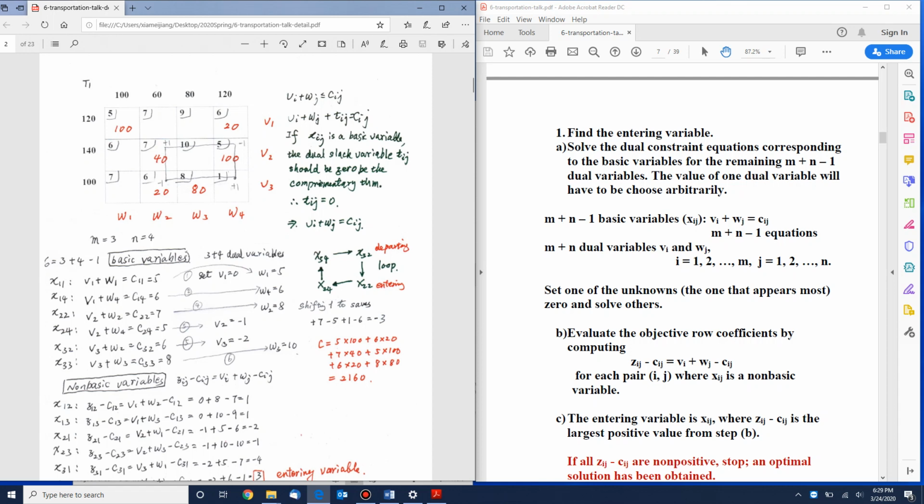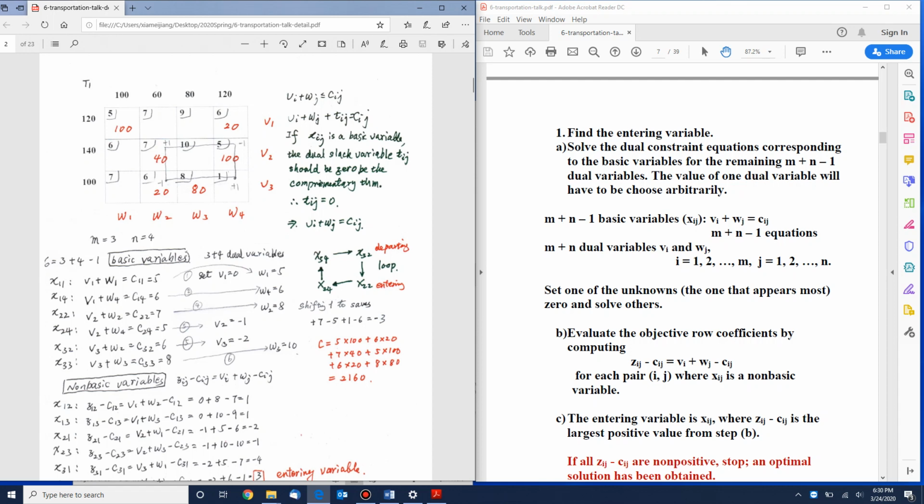So here, basically, for a tableau, whenever we have a transportation problem, we normally have m plus n minus 1 basic variables that give us m plus n minus 1 equations. That's Vi plus Wj equals Cij. And we want to get the value of the m plus n dual variables Vi and Wj.